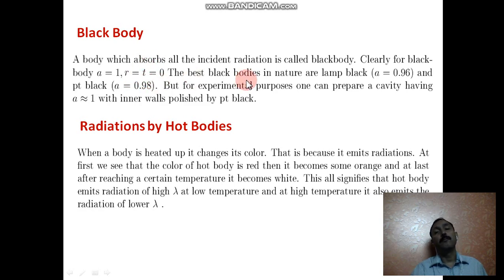The best black bodies in nature are lamp black, whose absorptive power is 0.96, and platinum black, whose absorptive power is 0.98. But for experimental purposes, one can prepare a cavity having absorptive power almost equal to 1 with inner walls polished with platinum black.